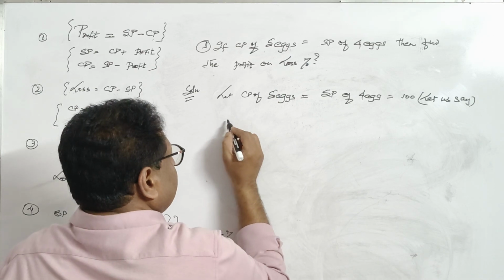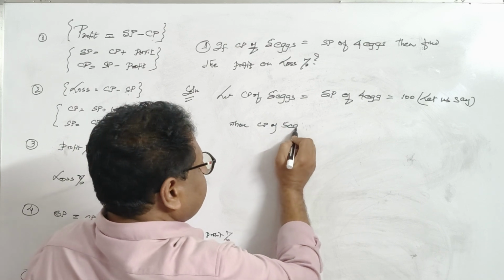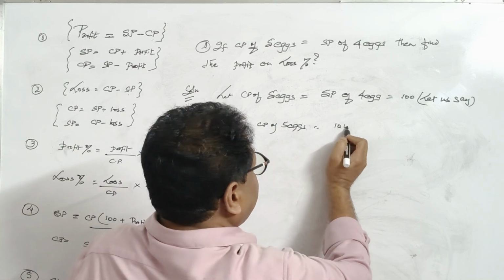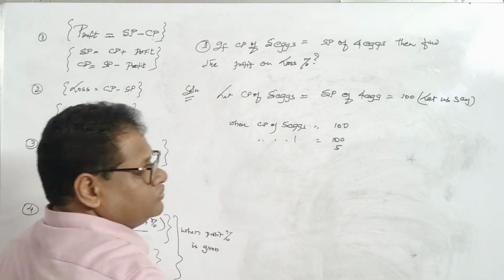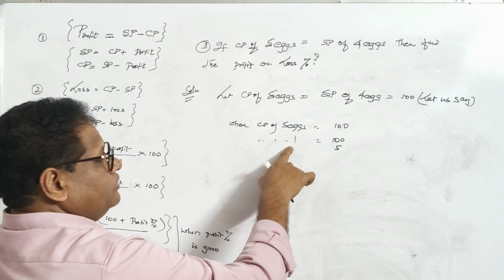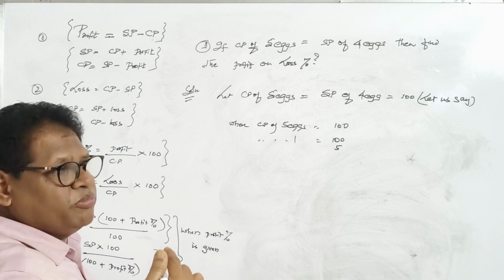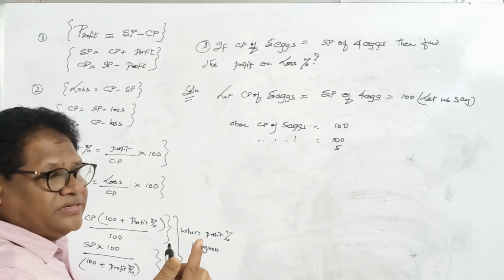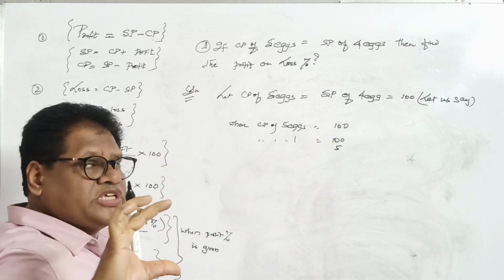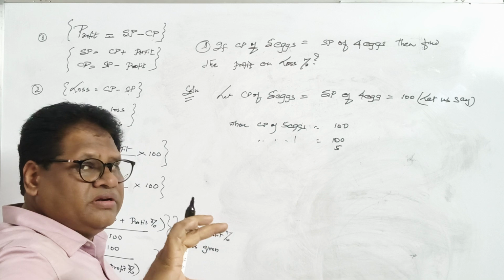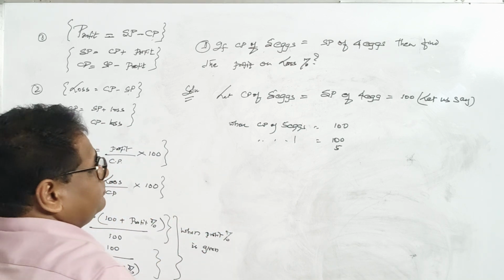Now when CP of 5x is 100, then CP of 1 egg will be 100 by 5. But don't find the value of 1 egg, because sometimes these numbers are too complicated. It could be 13, 17, 19 like that. And sometimes you don't know whether the CP of one article compared to the SP of one article is greater or less, profit or loss. So I am giving a simple trick.